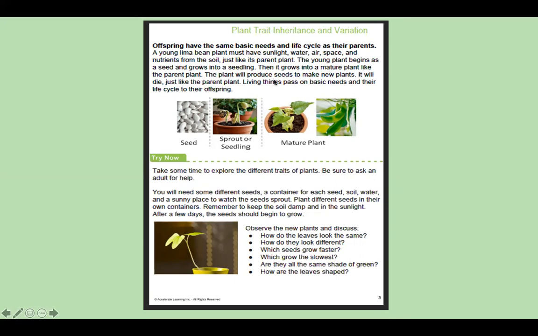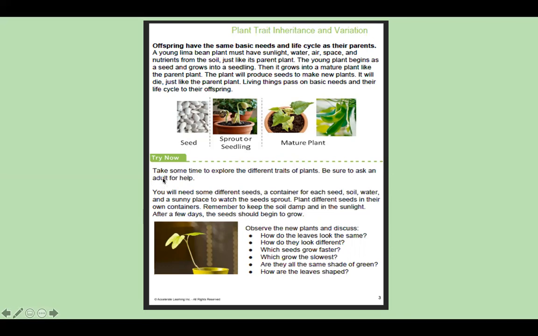The plant will produce seeds to make new plants. It will die, just like the parent plant. Living things pass on basic needs and their life cycle to their offspring. So here you see a seed. When we plant it, it begins to sprout and become a seedling, and then it grows into a mature plant.